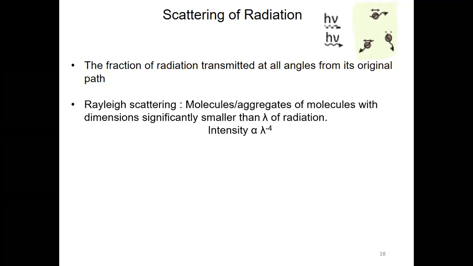In that case, the intensity of the scattered radiation is proportional to the inverse fourth power of the wavelength, lambda to the minus 4. So for Rayleigh scattering to happen, the particle size should be significantly smaller than the wavelength.